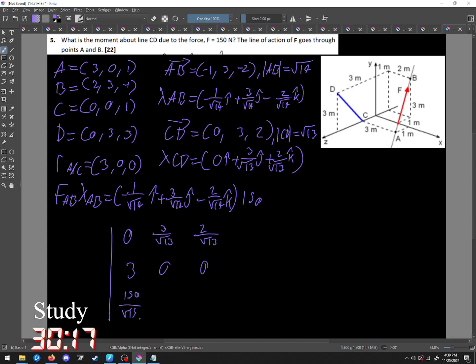And then here we would have 150 over square root 14 plus, let's see, what's 150 times 3? 450 over square root 14 minus 300 over square root 14.